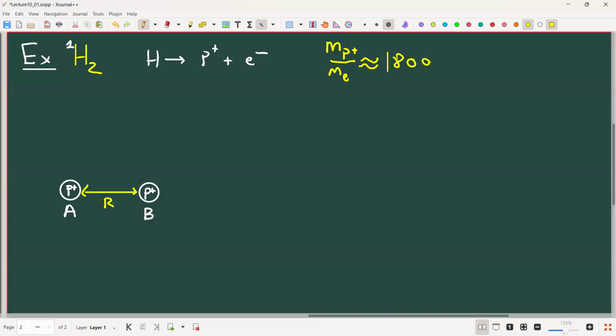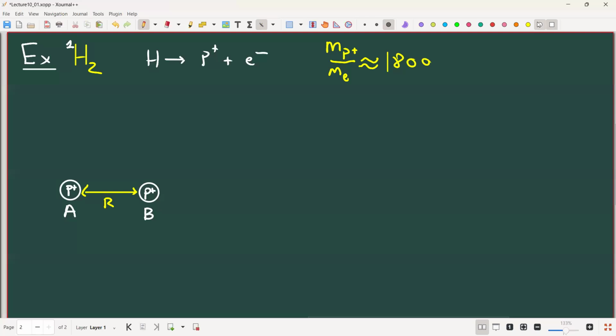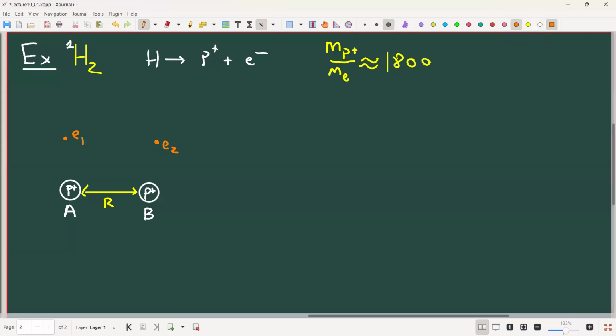Okay, and we got 2 electrons. I don't know where they are, but we can just draw them somewhere. We have E2. And over here we have E1. It could be anywhere. You know, they could be on both sides. They're shared across the bond, but we can draw little vectors pointing to them from all the different atoms, different directions.